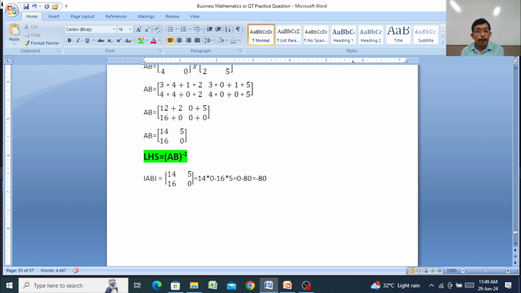Now we find the cofactor or the value of the adjoint of AB.